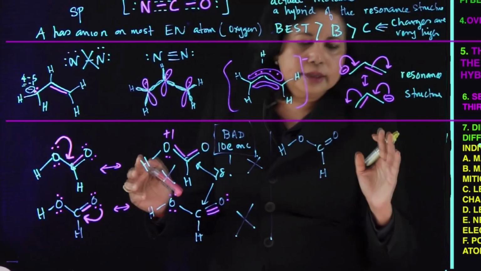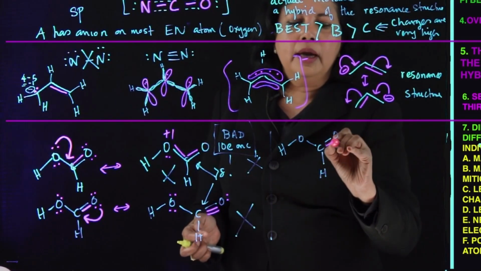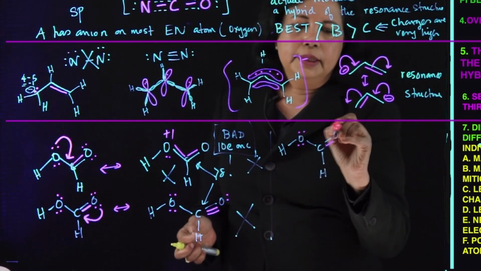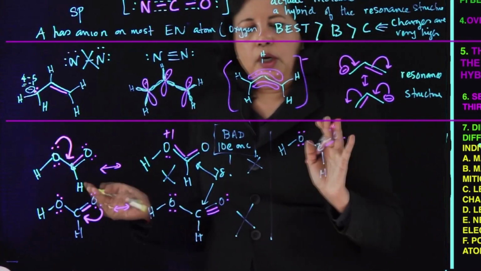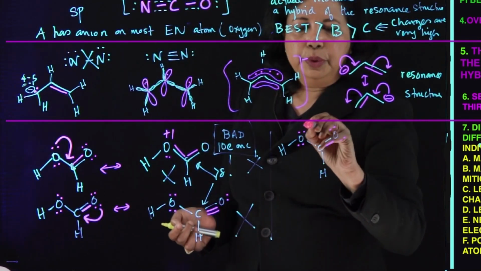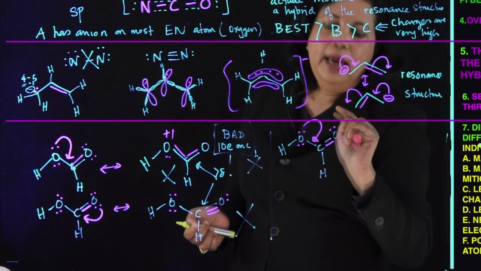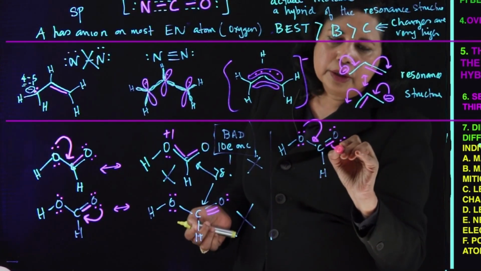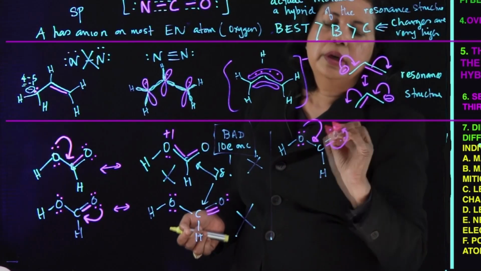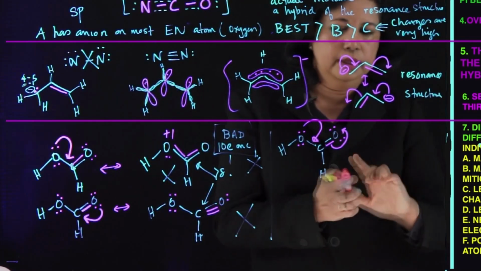For a lot of the resonance structures, you are going to be doing 2 arrows at a time. Now, that doesn't mean 1 arrow at a time is not possible, but typically we would do 2 arrows at a time. So this is going to come over here, and this is going to go over here at the same time. It's just shifting in this direction.